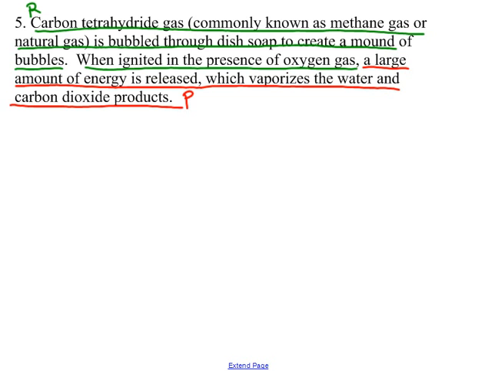So let's start with our reactants. Our first reactant is carbon tetrahydride, commonly known as methane. So carbon tetrahydride, the prefixes tell us the formula. This is CH4.